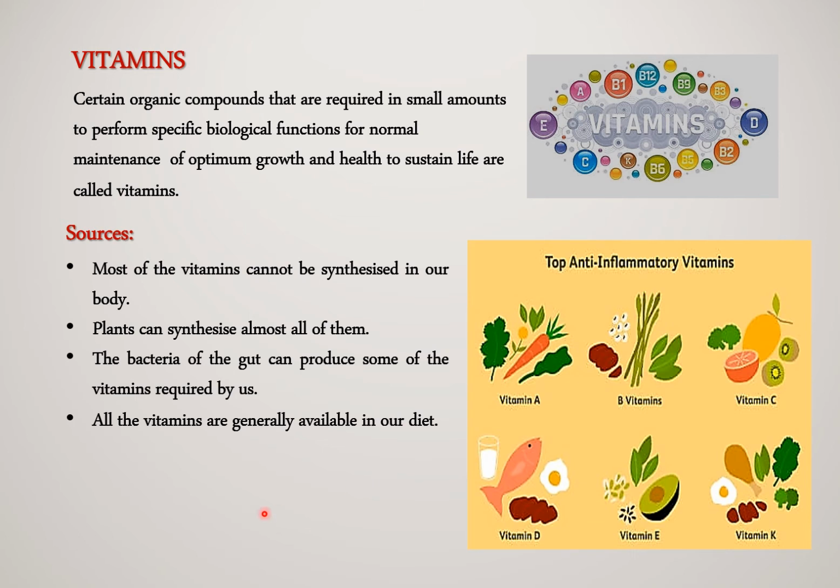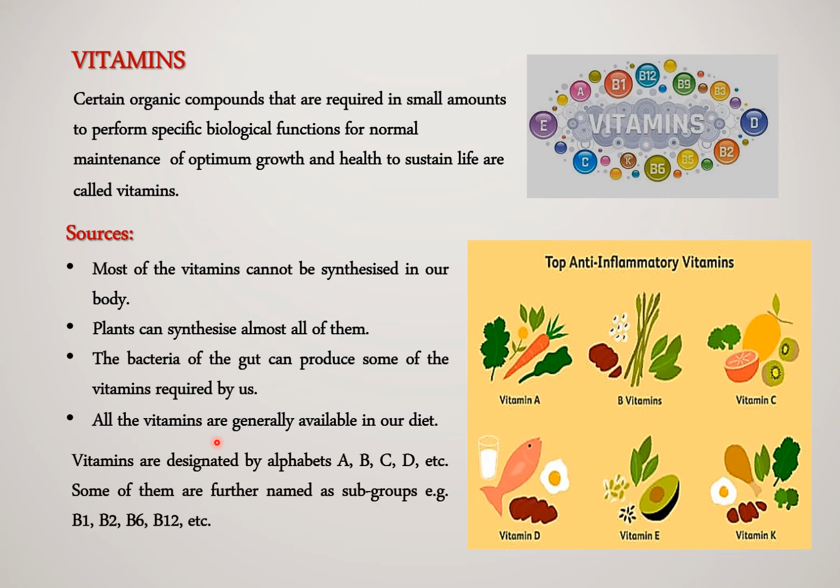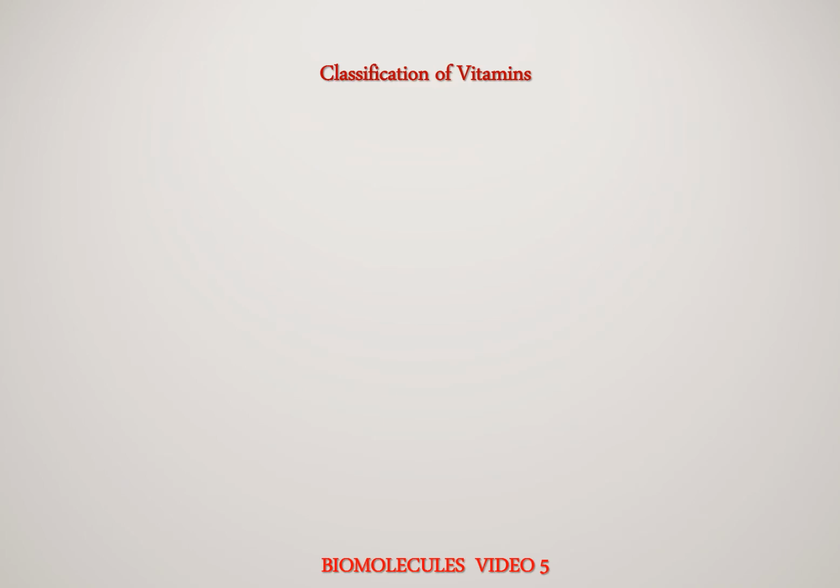So as I said, all the vitamins are generally obtained from our diet. We designate the vitamins as I read out: Vitamin A, B, C, D, etc. And some of them also have further subgroups like B1, B2, B6, B12, etc. Let us talk about the classification of vitamins.